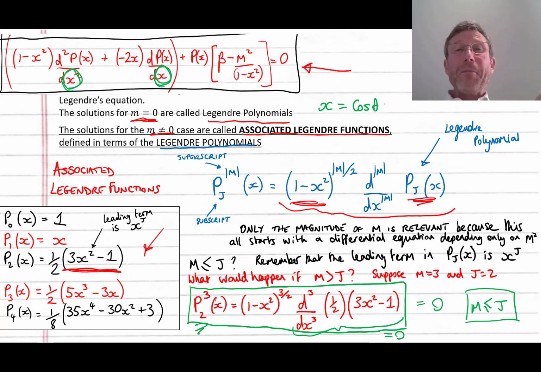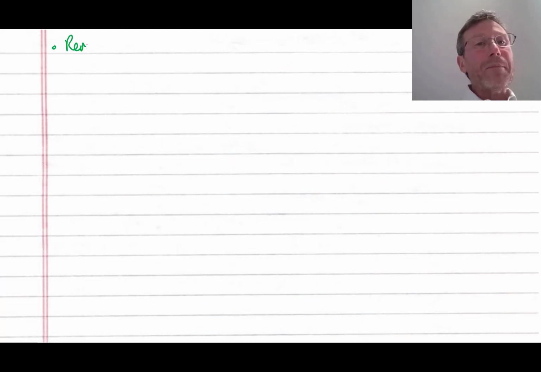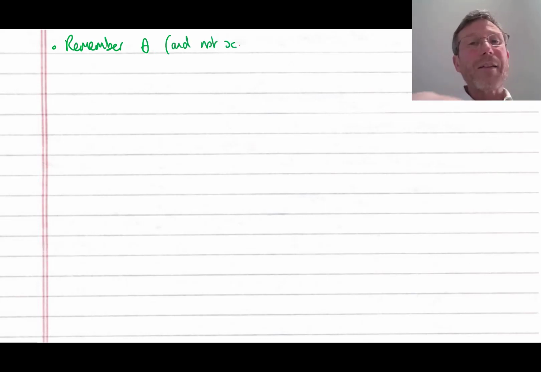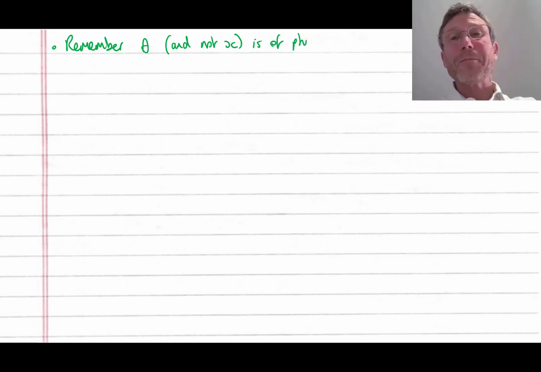So after we've introduced these associated Legendre functions and recognized that these are solutions to Legendre's equation, let's now take this back to the original problem that we started with. And with that, let's just make a note of this. Okay, so remember, theta and not x is of physical interest.